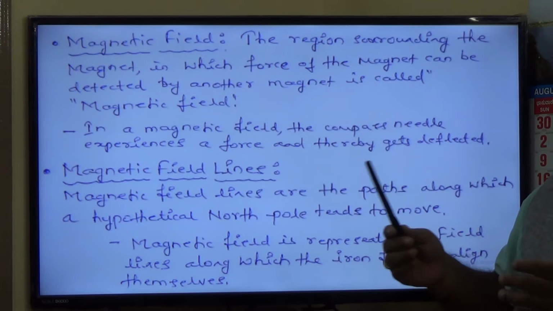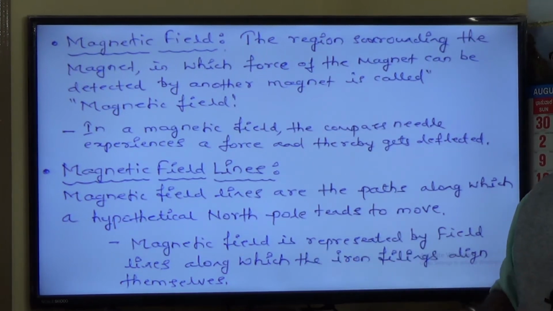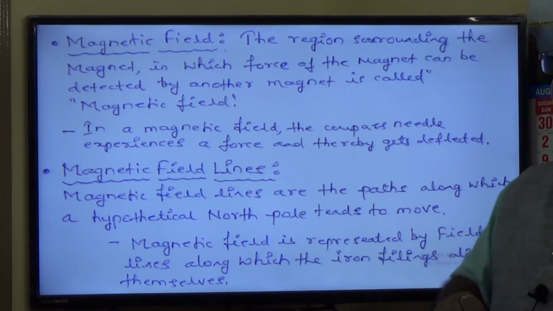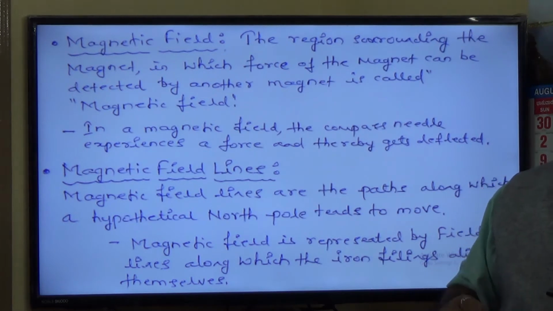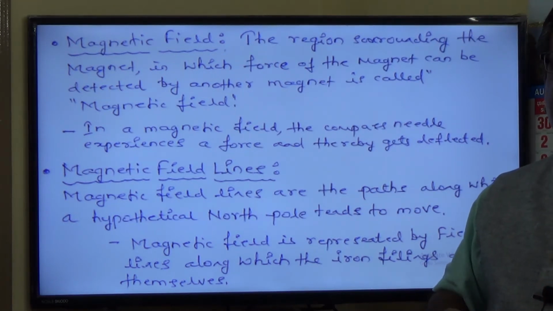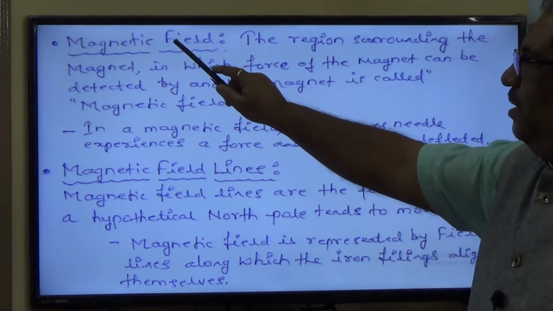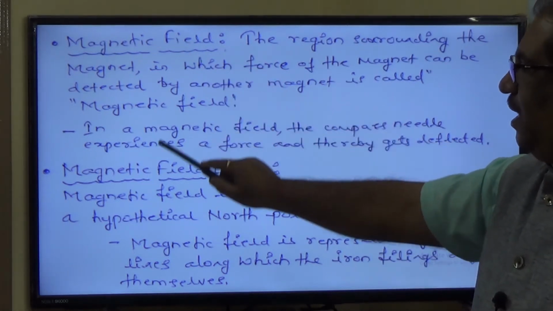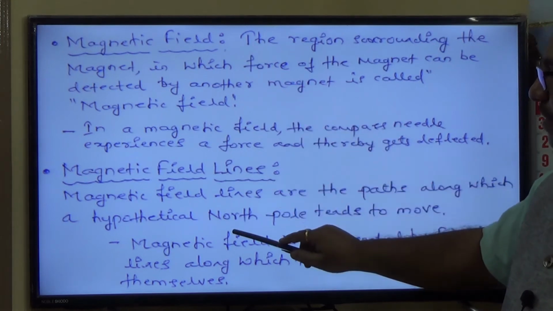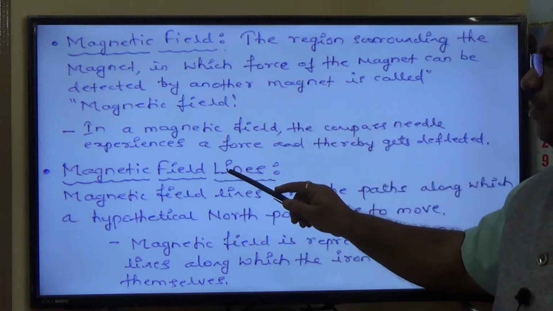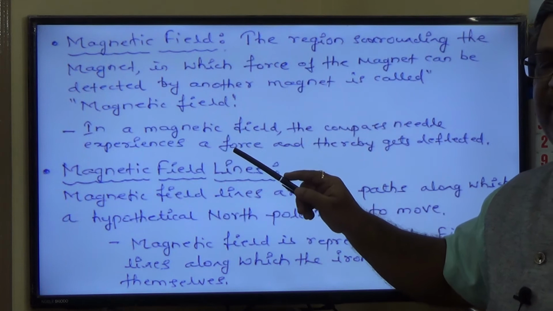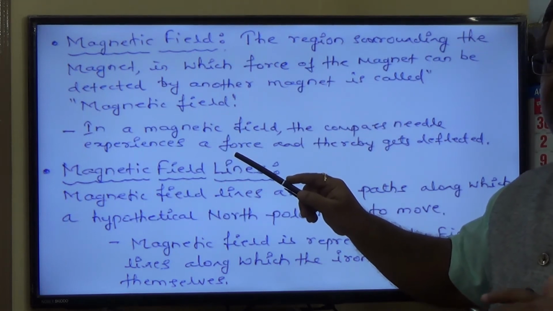I will not be telling you to note down this, that and all. Dear students, ensure that you pause the video whenever a new slide appears and make proper notes out of that. So the definition of magnetic field and magnetic field lines we are going to see here, and then we'll go to a couple of video clippings, then come back to the PPT.